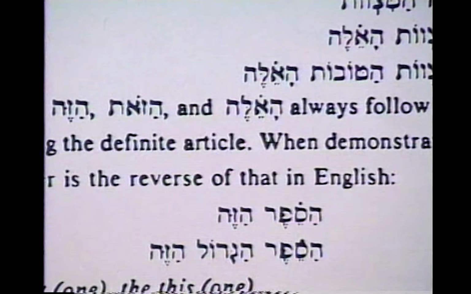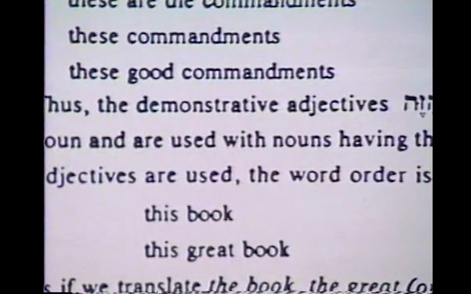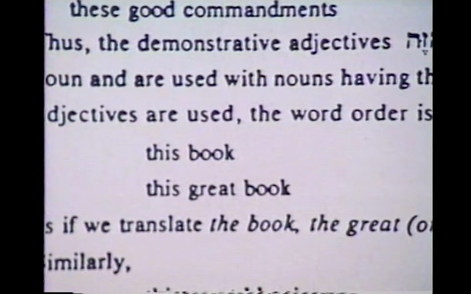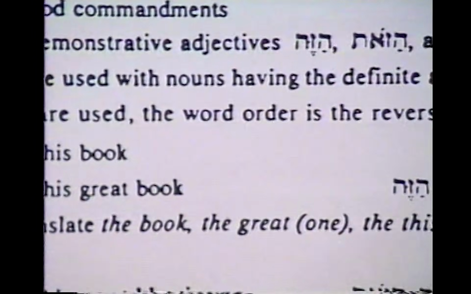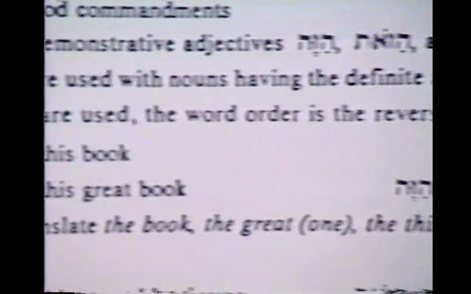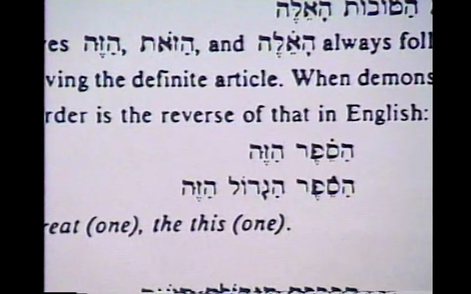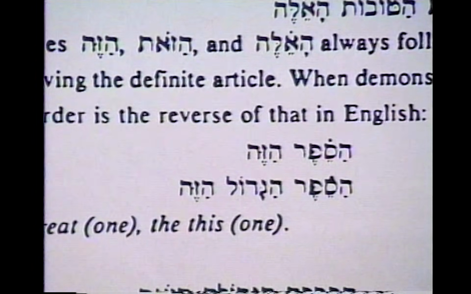And here's the example that we have on the bottom. If we wanted to say this book or this great book, notice the difference between these two. This book in Hebrew would be translated like this: ha-sefer hazeh, the book, namely this one, this book. If we wanted to say this great book, ha-sefer ha-gadol hazeh, that's this great book.